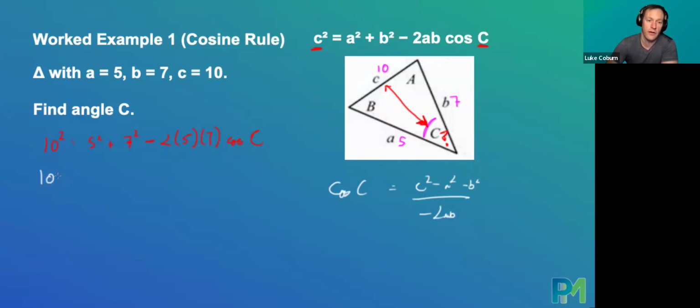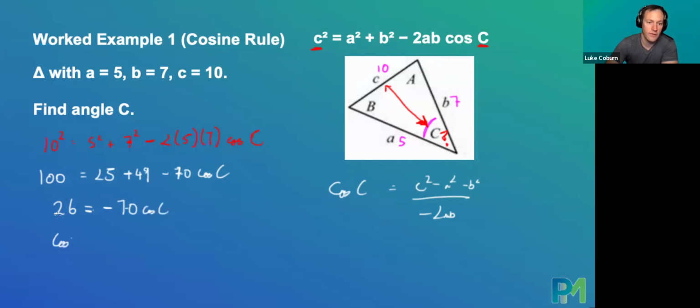So we have 100 is equal to 25 plus 49, and then minus 2 times 5 times 7, which is minus 70, minus 70 times cos of C. And this is 74, so 26 is equal to minus 70 times cos of C.